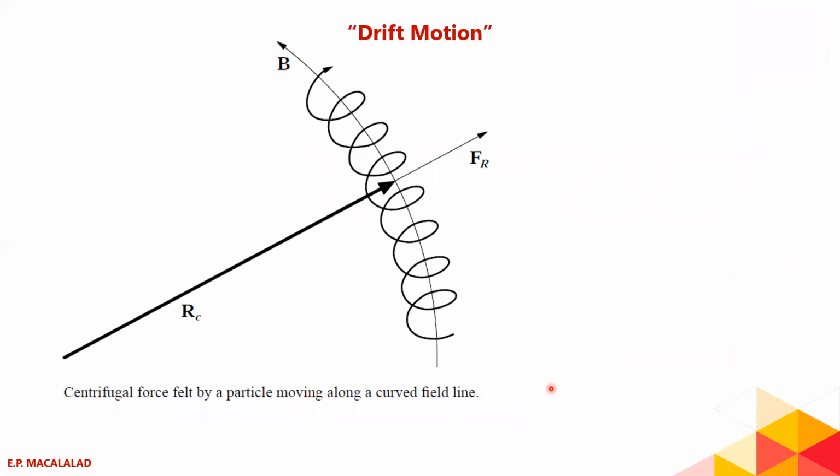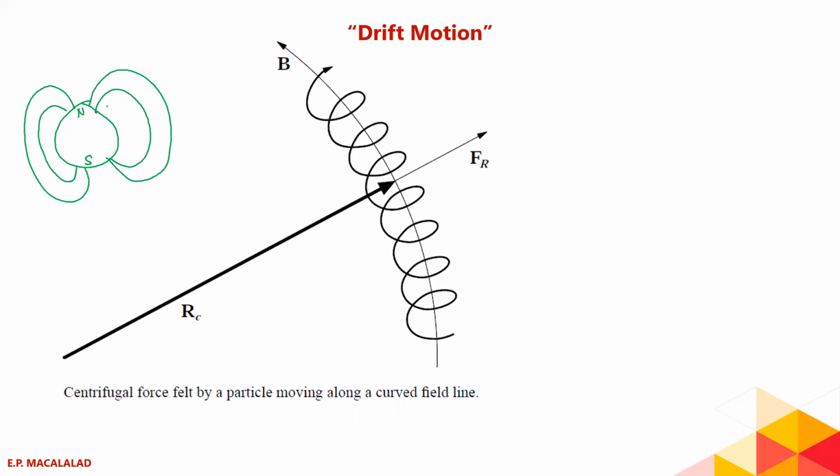We also have a drift motion due to the curvature of your magnetic field, because remember that the Earth's magnetic field is curved. If this is the Earth, with the north and south pole, the magnetic field would look like this, curving like this.